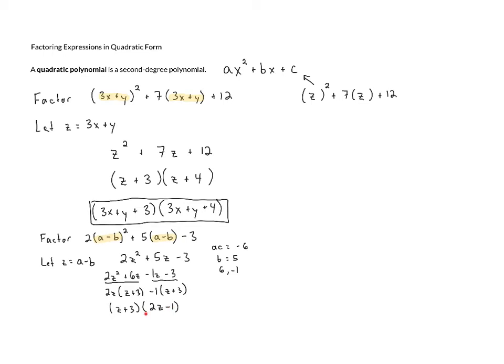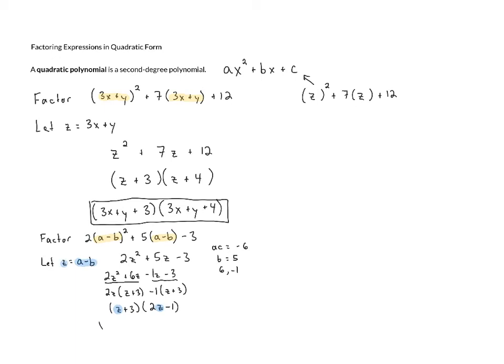We cannot leave our answer in terms of z if the original problem was in terms of a and b. So we're going to have to go back and substitute. Wherever we see a z here, we're going to have to replace it with a minus b.